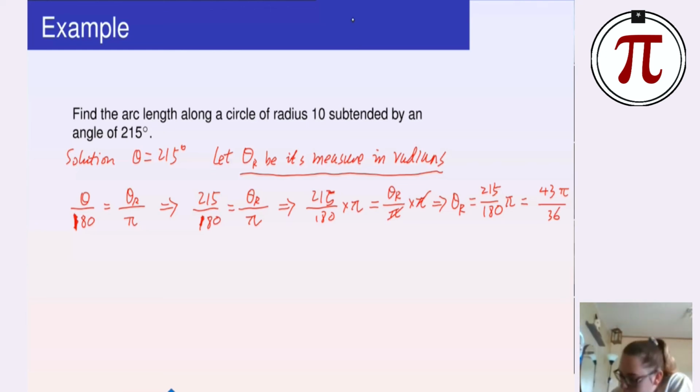But can you get it in decimal form? 1.19 repeating, times pi. So 3.7525. Yes, very good.